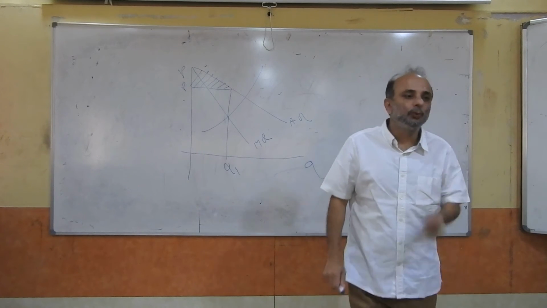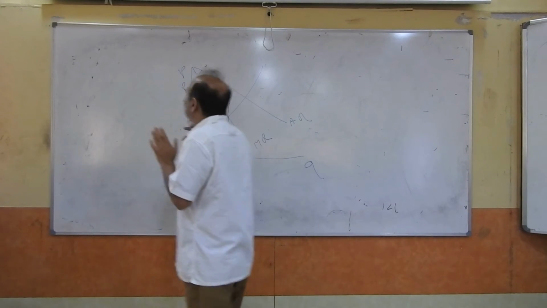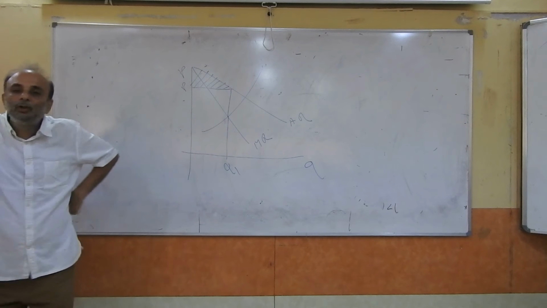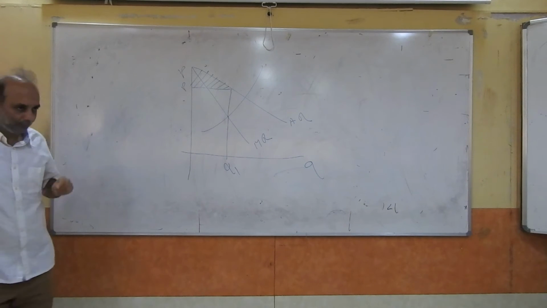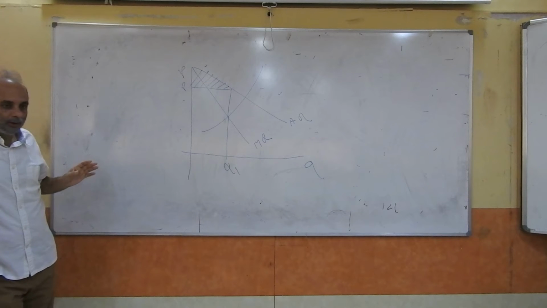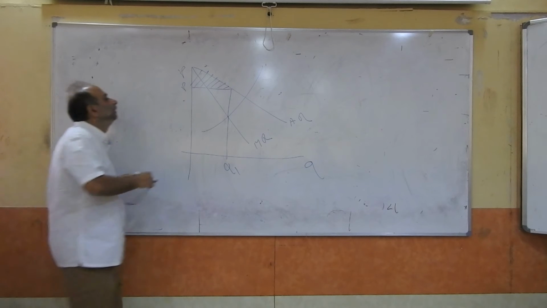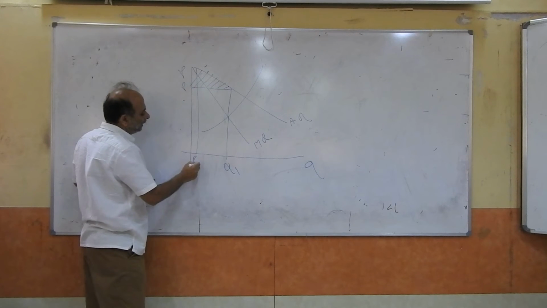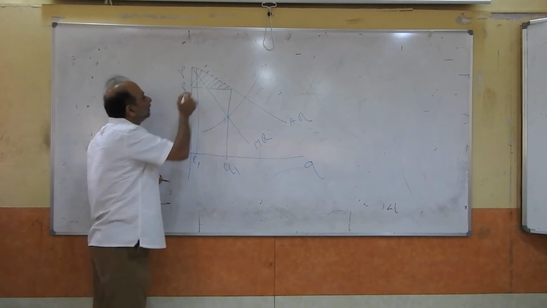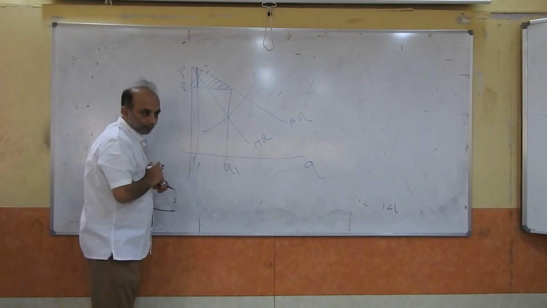So what is the monopolist doing here? He's selling at P to all consumers. So if you look at the person buying the first quantity Q1, this person actually gets this much of a consumer surplus.